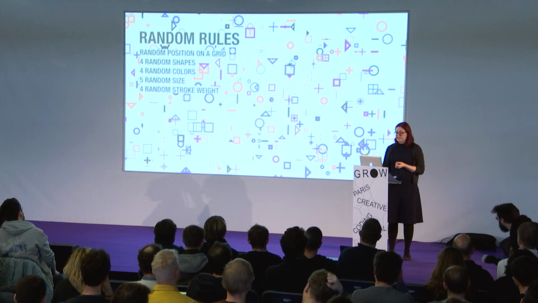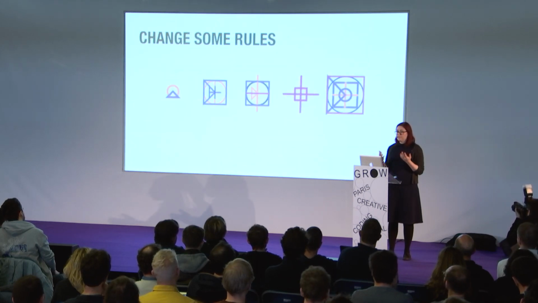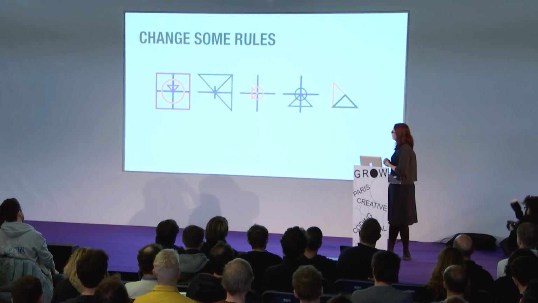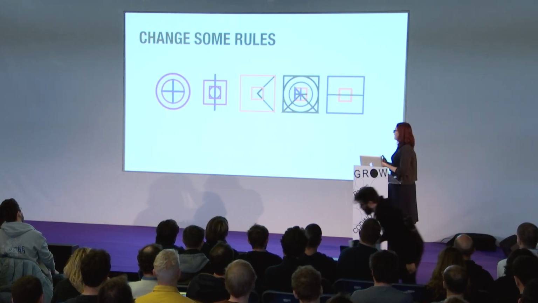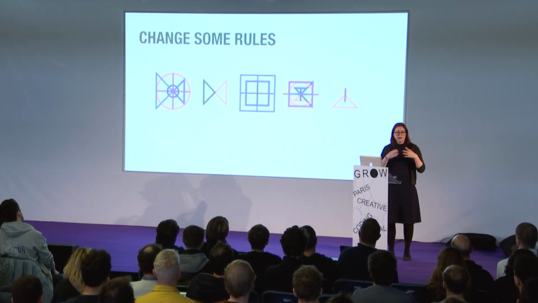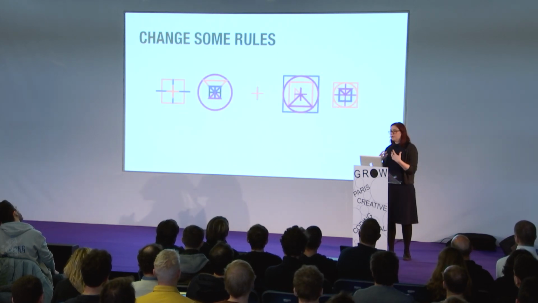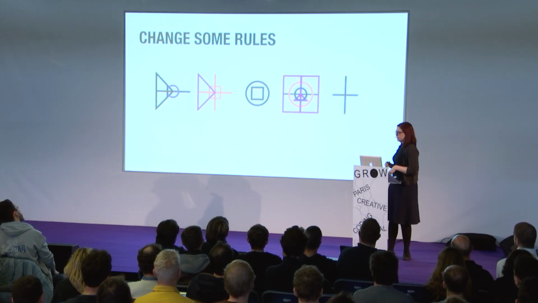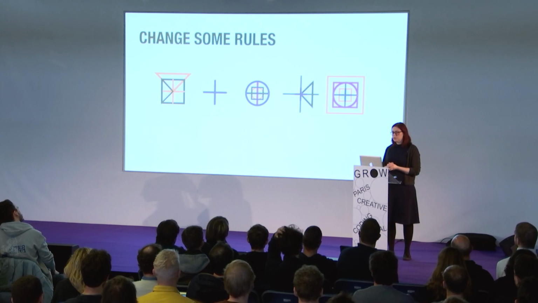But if we just focus on 5 random positions on the canvas, we can generate different kinds of shapes. It's just changing one rule, and we already have a really different look and different elements that we can use.